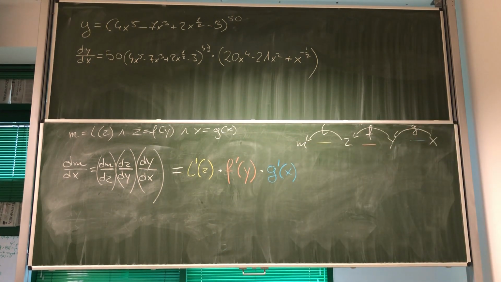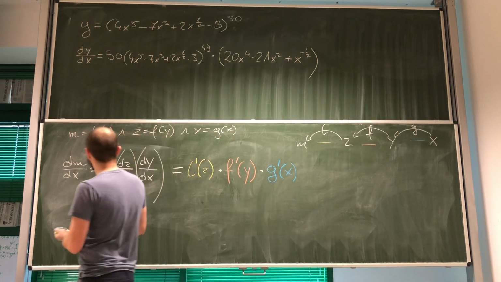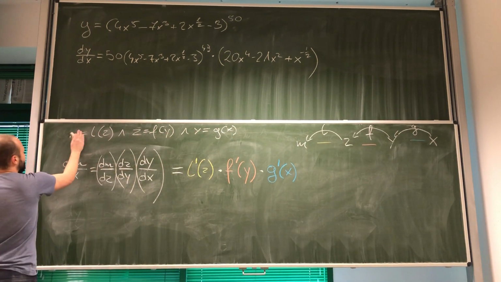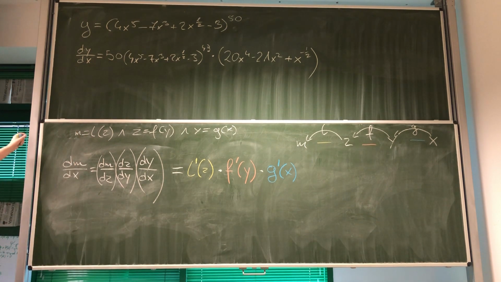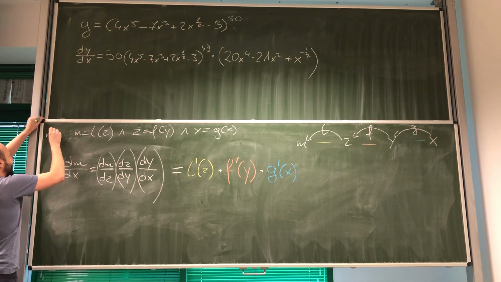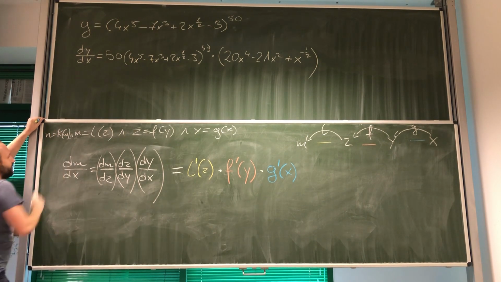And look, I hope you can see that now we can easily extend this rule. If now we would have that we are not stopping here, but we would have that then some variable n is some function k of m, what would happen?